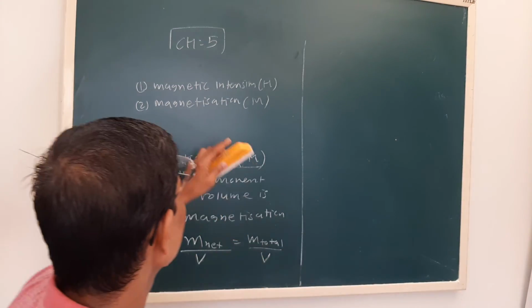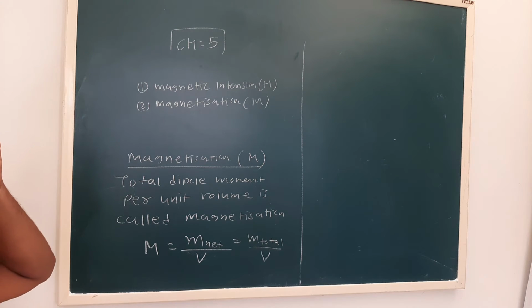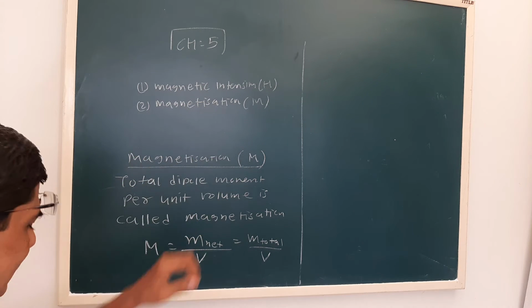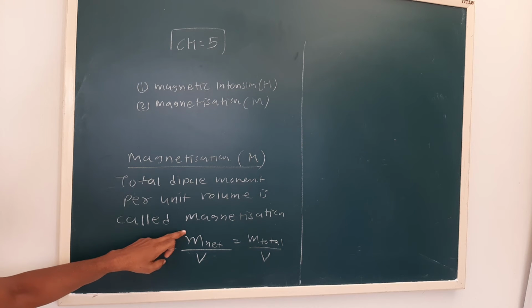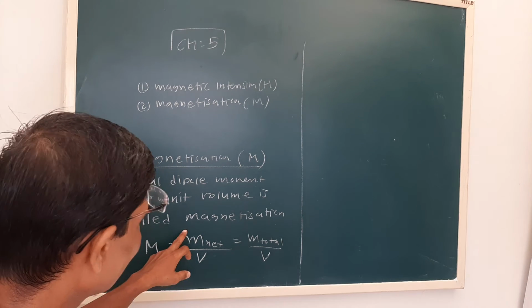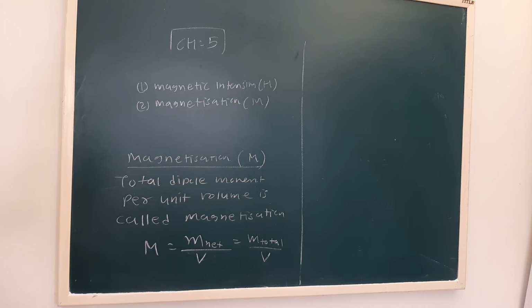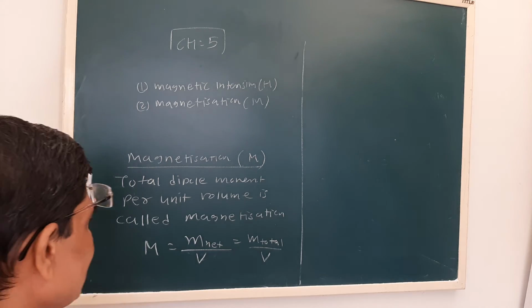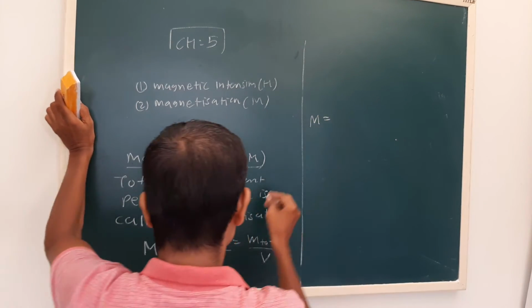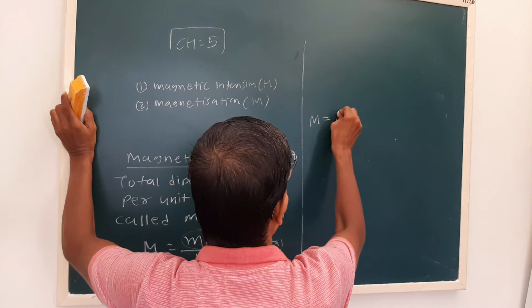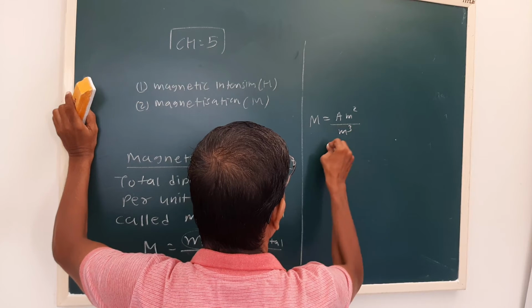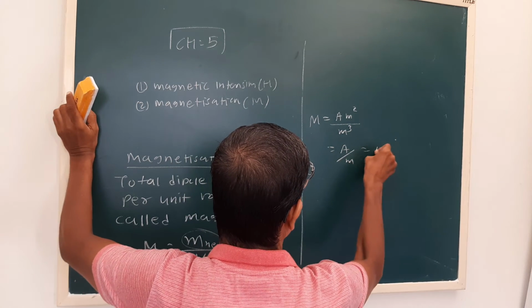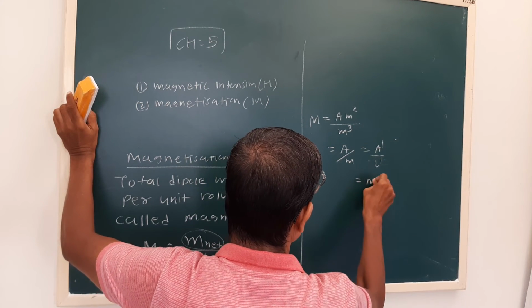Here also we have to establish the relation between magnetic intensity H and magnetization M. The dipole moment unit is ampere meter square. So for the unit and dimension of magnetization: total dipole moment is ampere meter square, and volume is meter cube, so the unit is ampere per meter.